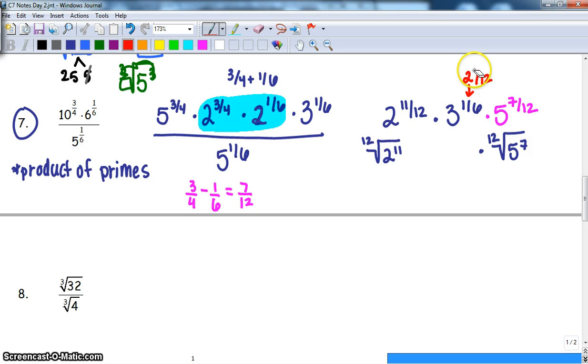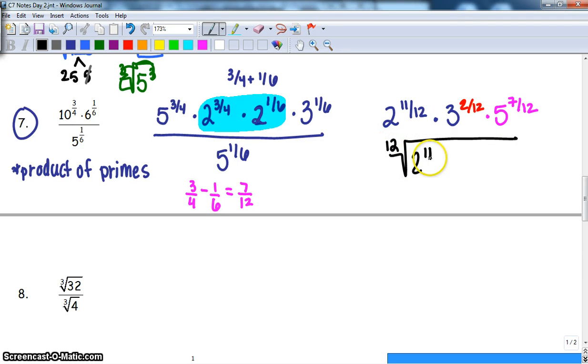So we are just going to rewrite this one as 2/12. And now I can write all of these under one root. Two to the 11th times 3 squared times 5 to the 7th. And this is going to be an absolutely enormous number, so we are just going to leave it with the exponents there.